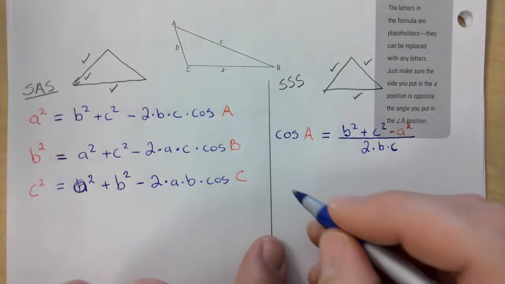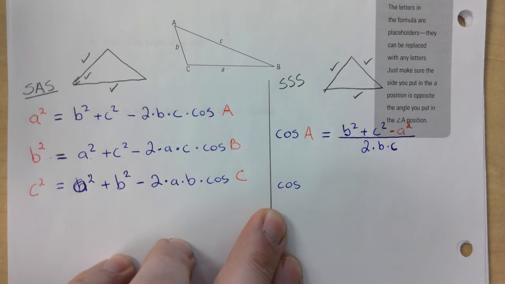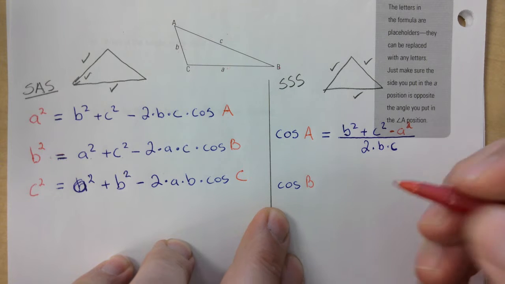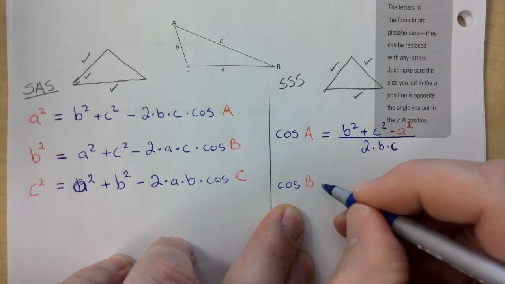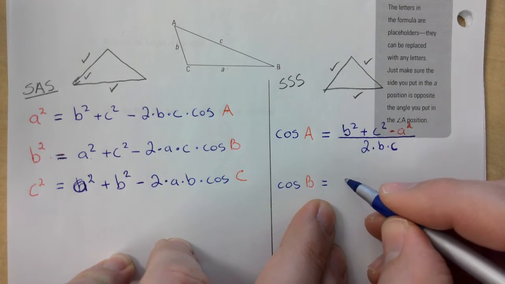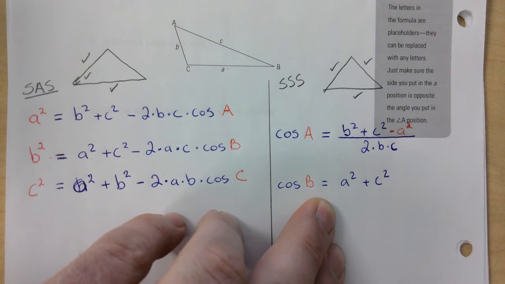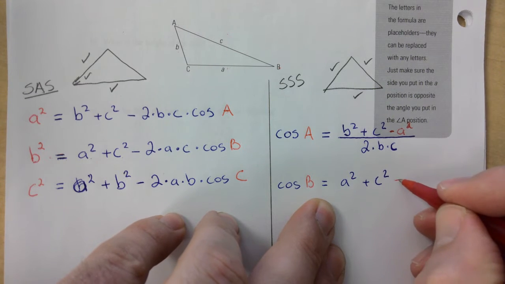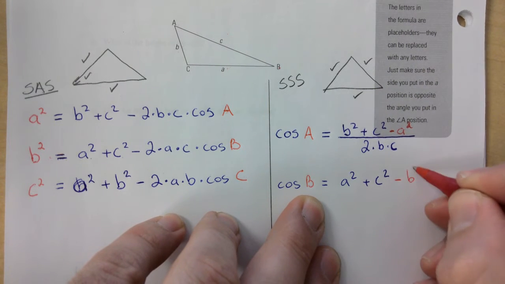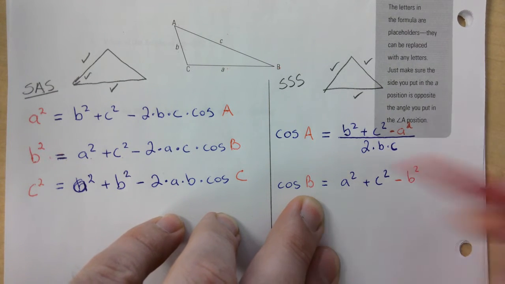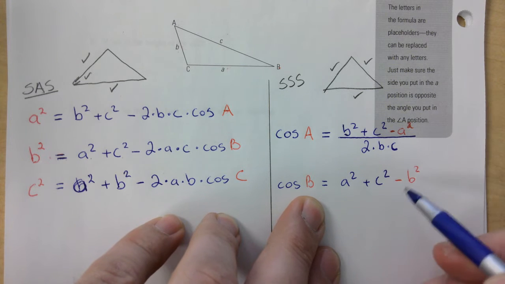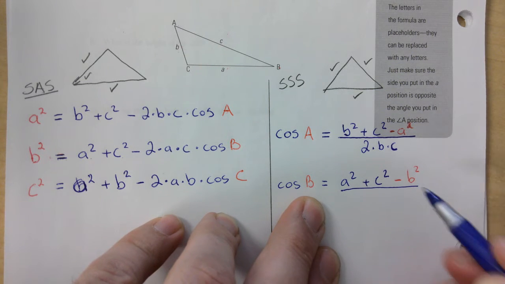So let's do cosine of B. If you would try to find angle B, that would be a squared plus c squared minus b squared. Okay, the side that's across from that angle is being subtracted over.